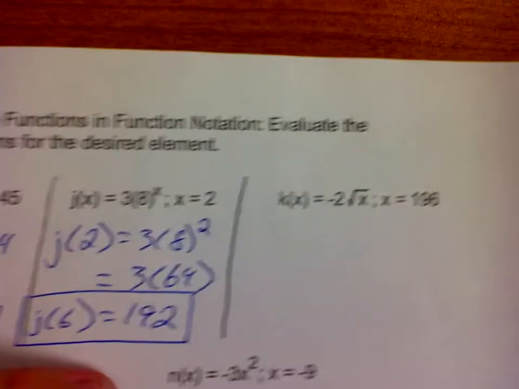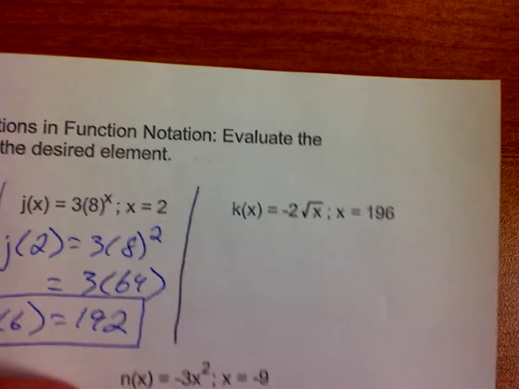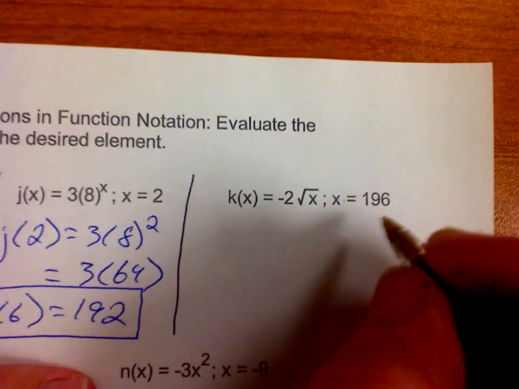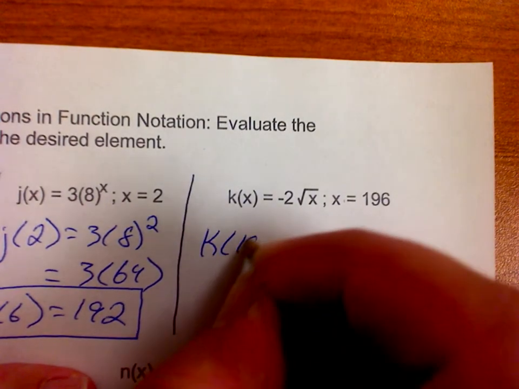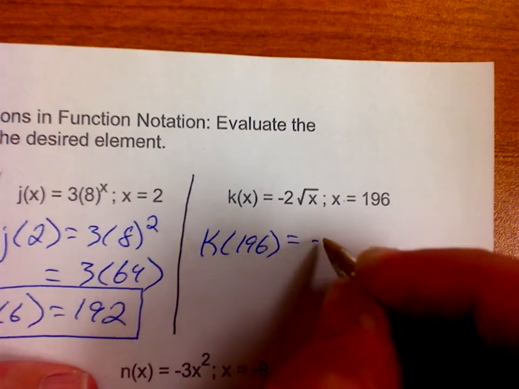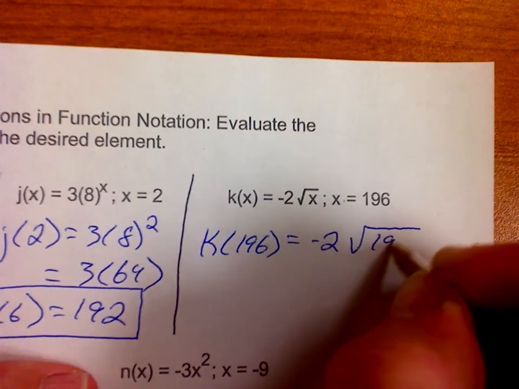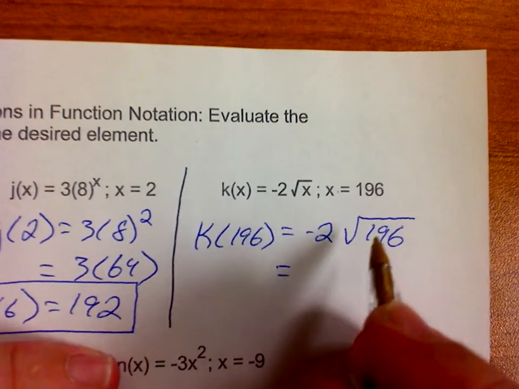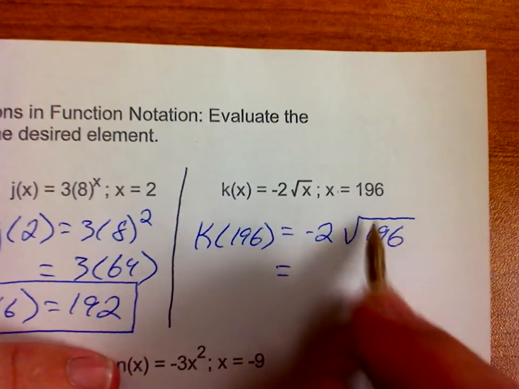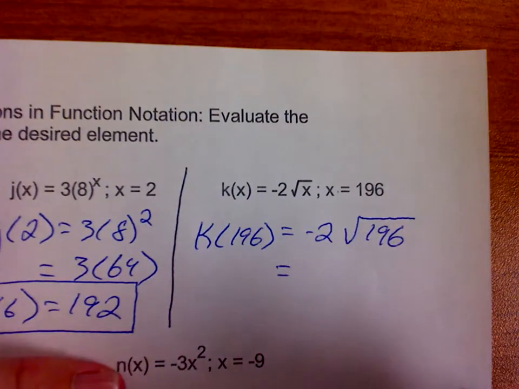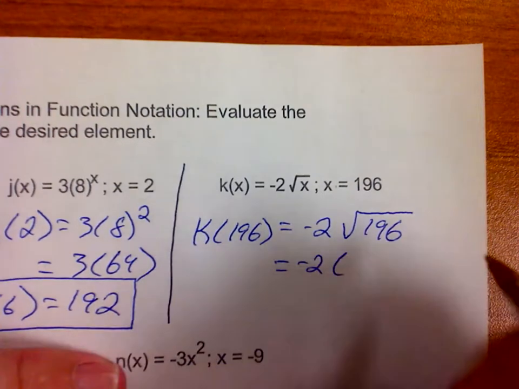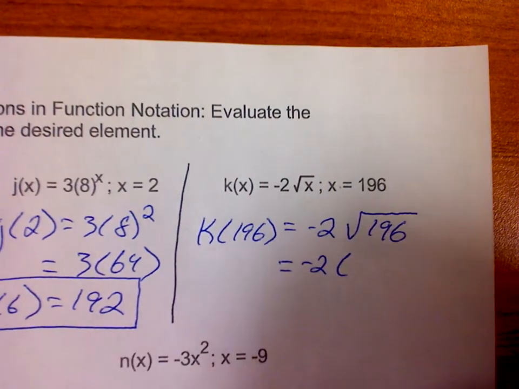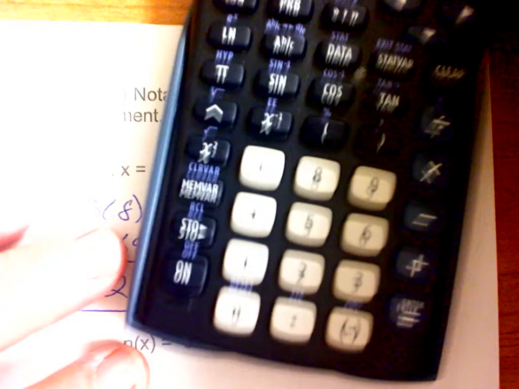All right, the next one here, k of x is equal to negative 2 times the square root of x. We want to evaluate from when x is equal to 196. Same process, plug in 196 everywhere we see an x. So we end up with negative 2 times the square root of 196. Now we are going to treat square roots like parentheses, so we want to go ahead and evaluate this part before we multiply by the negative 2. So we'll still have negative 2 out here, but we want to go ahead and do the square root of 196, which we can use our calculators, which has a little bit of a review right here.